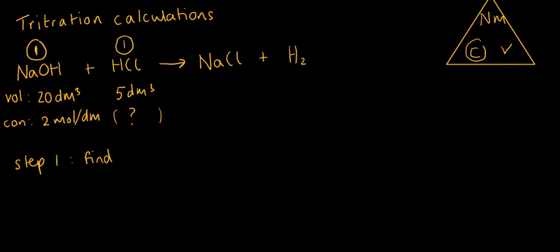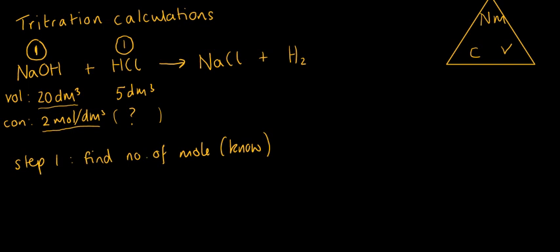Step 1 is to calculate the number of moles for the known alkaline or acid. We can only work out the number of moles if we have the concentration and the volume. I have the concentration of 2 moles per dm cubed and the volume of 20 dm cubed for my sodium hydroxide.